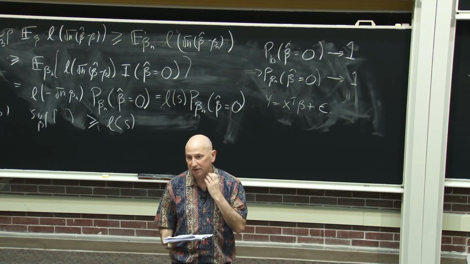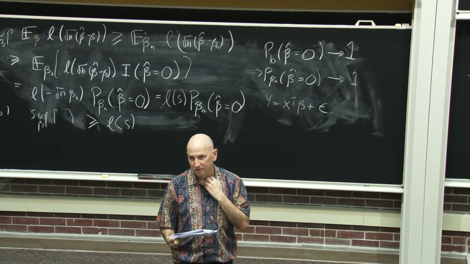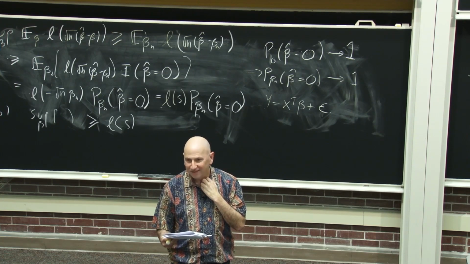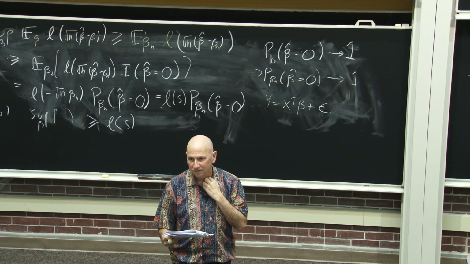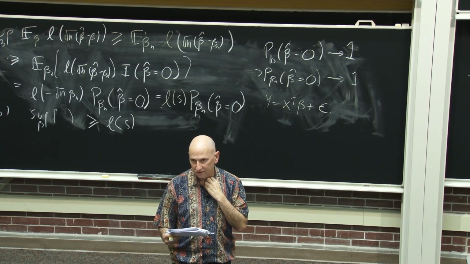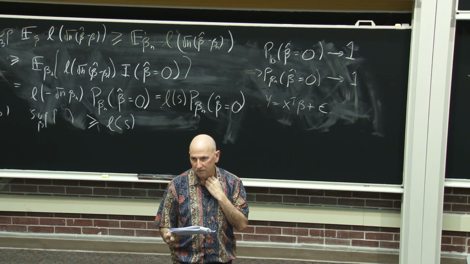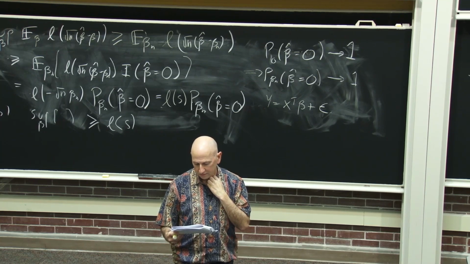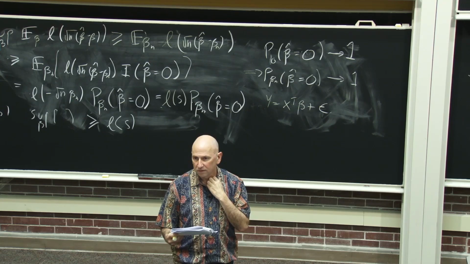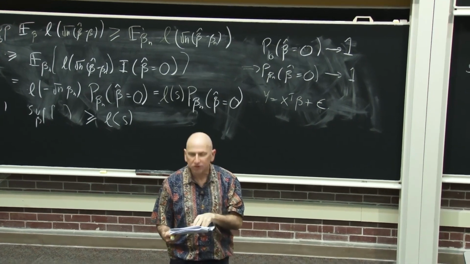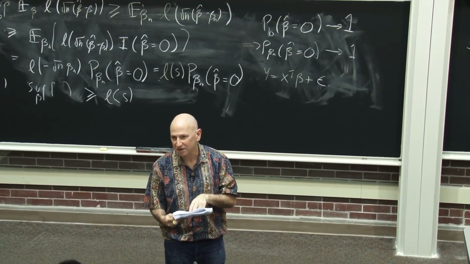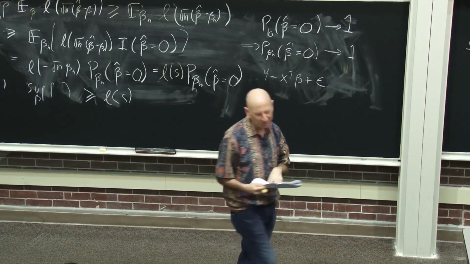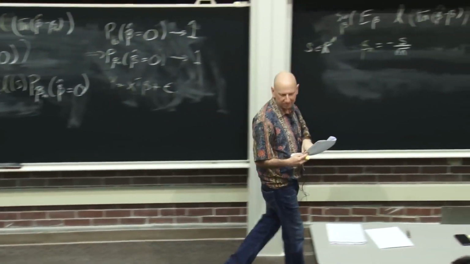Sorry, I mean when the true beta j is 0, the indicator function is 1. So in this case, whether the prediction is 0 or other values, it's less than or equal to 1. So the equation here should be not equal. Oh yeah, you're right. It should say beta j not equal to 0. Yes, I agree. That was a typo. Sorry if I wasn't clear about that.